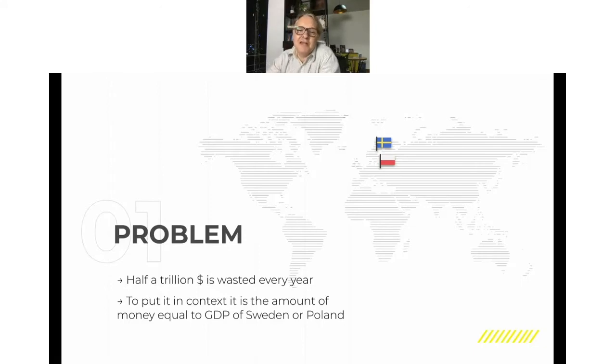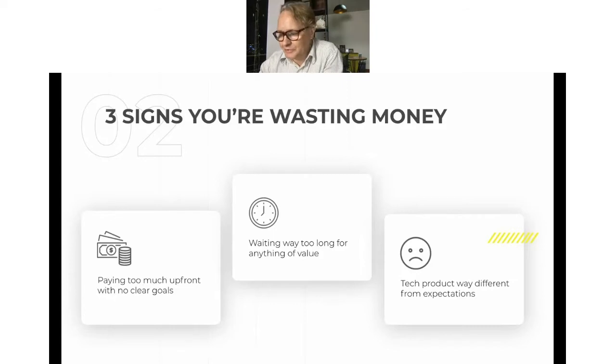To put that in context, $500 billion is equal to the GDP of countries like Sweden or Poland. And here are some signs that you might be wasting your money on technology. I've certainly seen too many projects like this, and I'm very keen to avoid that again.